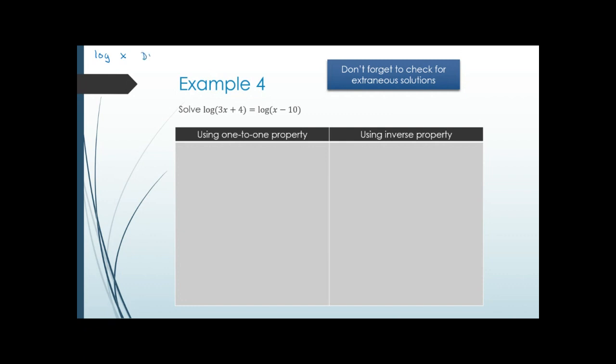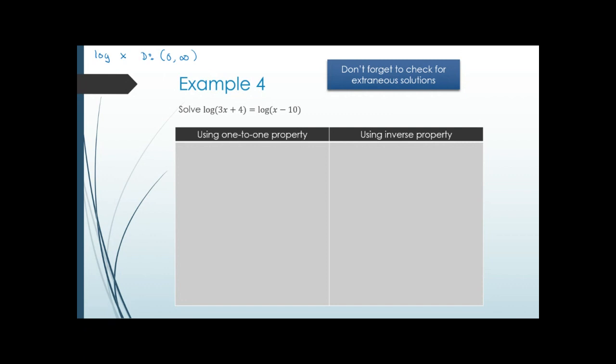So the domain of log x is from 0 to infinity, because whatever's inside the log has to be greater than 0. If you take the log of 0, you get an error. So we don't include 0, it has to be greater than 0. So we have to consider our domain when we're checking for extraneous solutions.